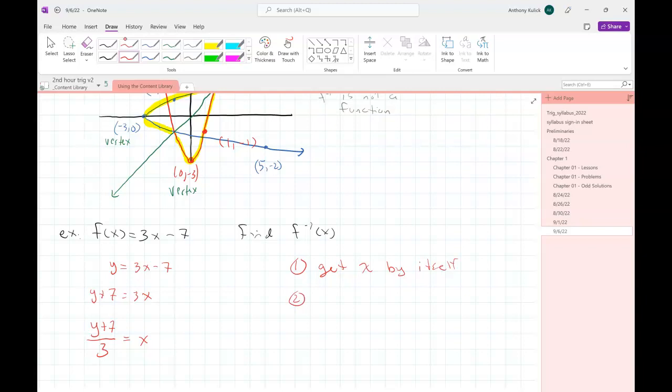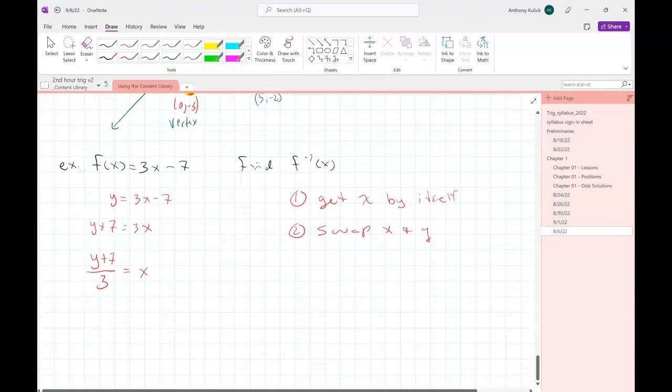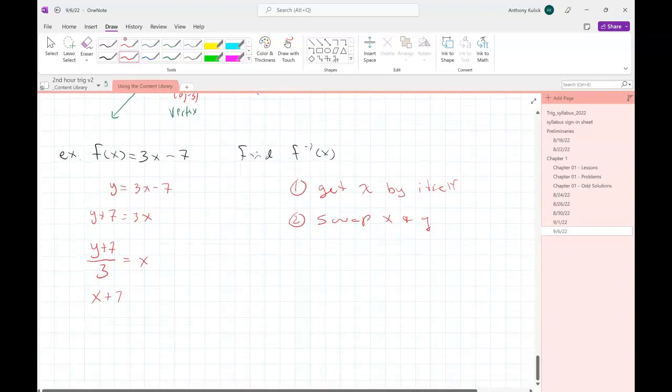Step 2, we're just going to swap x and y. So instead of calling this y plus 7 over 3, we'll call it x plus 7 over 3 is equal to y.